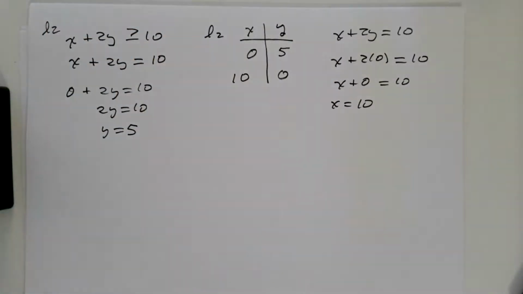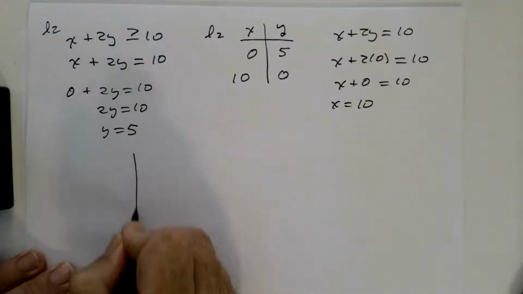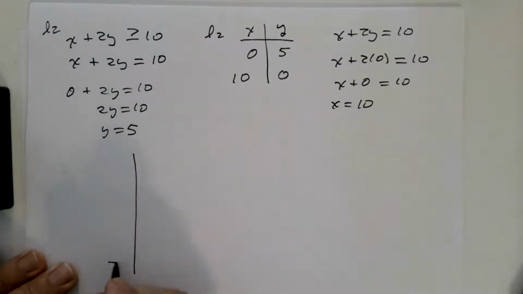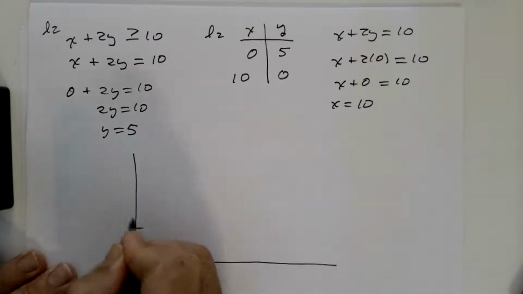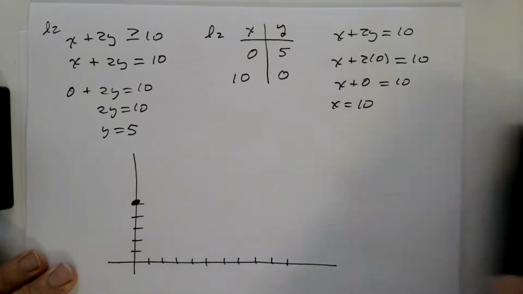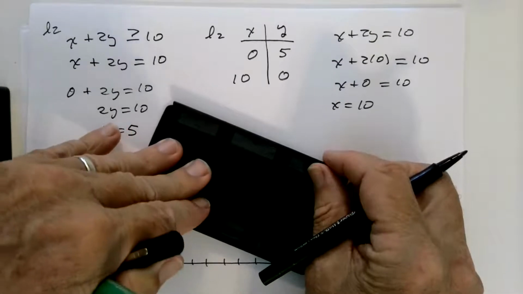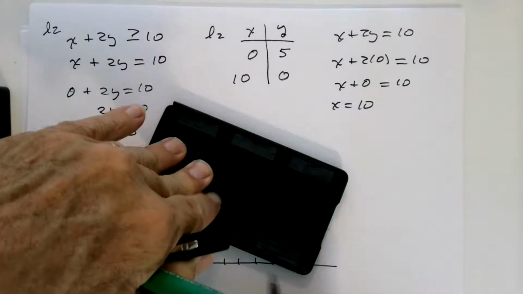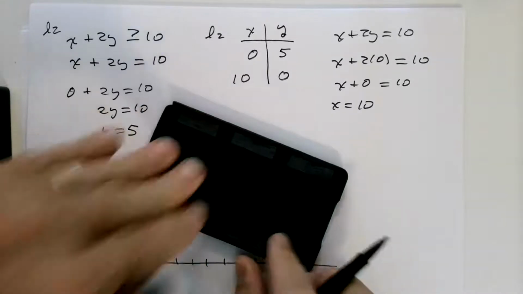And we want to see which way we're going to shade. We're going to need to test 0, 0. First, let's go ahead and graph this. So up to 5, 1, 2, 3, 4, 5, out to 10, 1, 2, 3, 5, 6, 7, 8, 9, 10. I just about can make it. So we're looking at the first quadrant portion again because we said x is greater than 0, y is greater than 0.